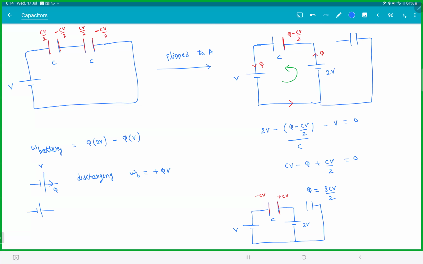If the charge enters the battery, you're going from high to low potential, you're charging the battery. The battery is absorbing the energy. So be careful with the convention. One battery is absorbing energy back, so this guy would be QV. That is your work done by battery. Q is 3CV by 2, so 3CV square by 2.